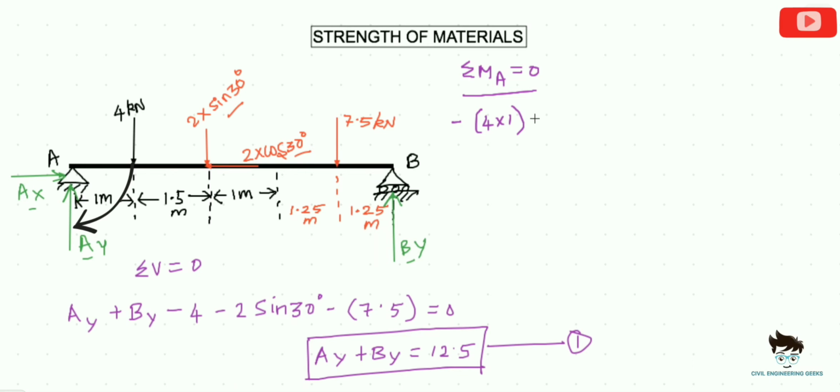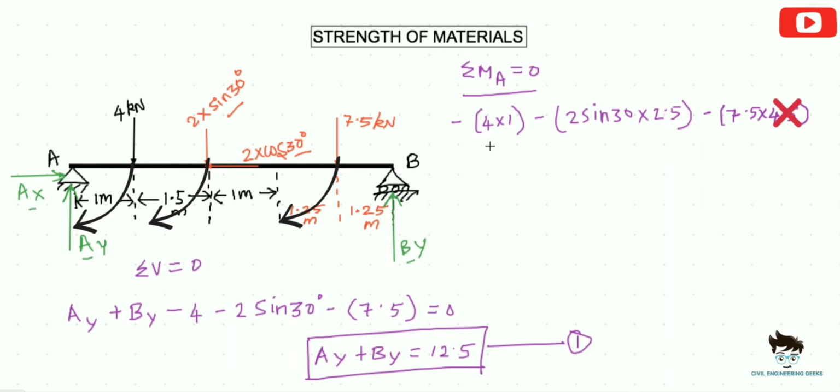And the next is minus 2 sine 30 degree times 2.5. This is the vertical component of the inclined force, and 2.5 is its perpendicular distance. And the next one is minus 7.5 times 4.75 meters. That is the perpendicular distance between the converted point load from the UDL and the point A.